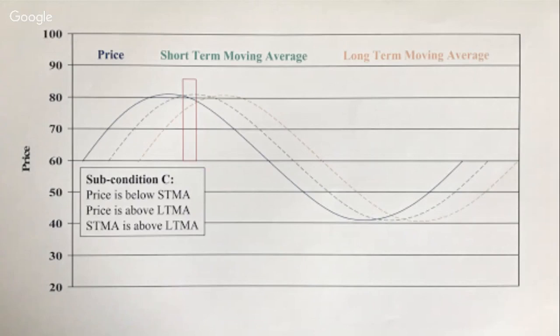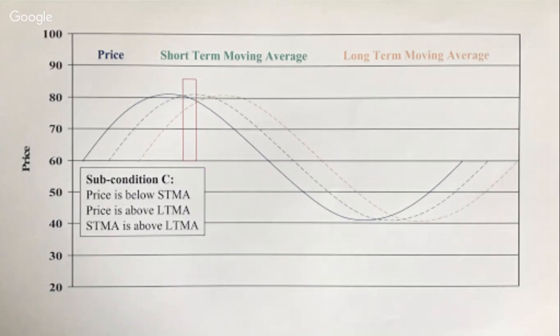You can do this with pencil and paper. You'll see that this is exactly what happens when the constant price reacts with the variables short-term and long-term moving average, regardless of the length of time. Okay, let's go one step further. Are we in an uptrend or a downtrend here?